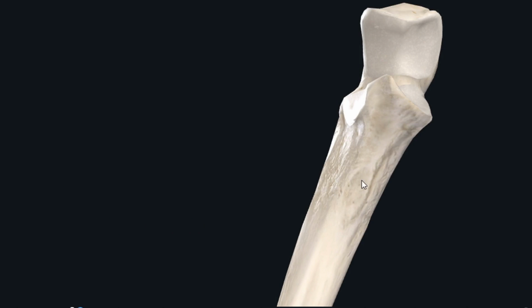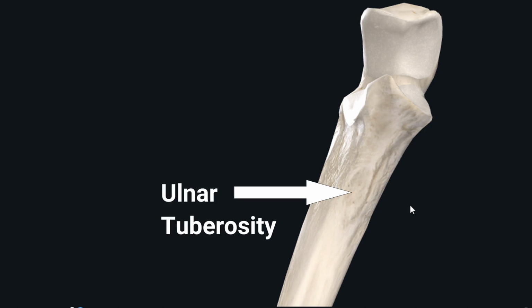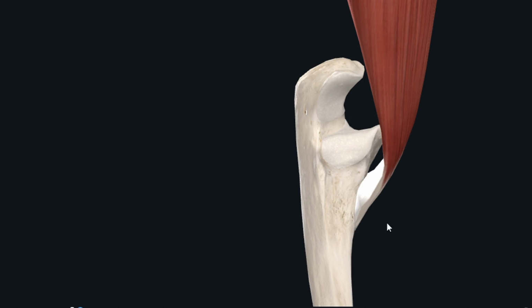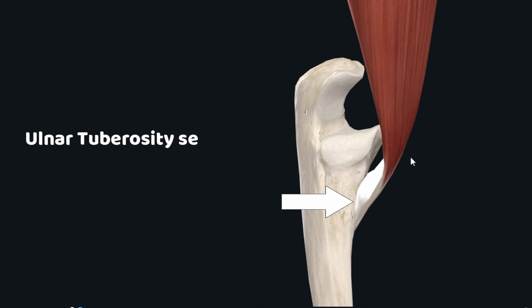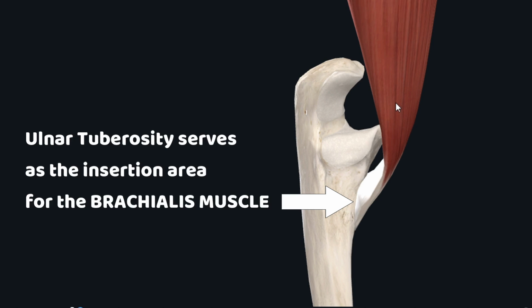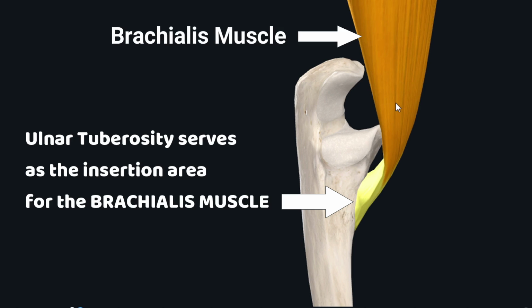This anterior, distal, roughened aspect of the coronoid process is the ulnar tuberosity. The ulnar tuberosity serves as the insertion area for the brachialis muscle.